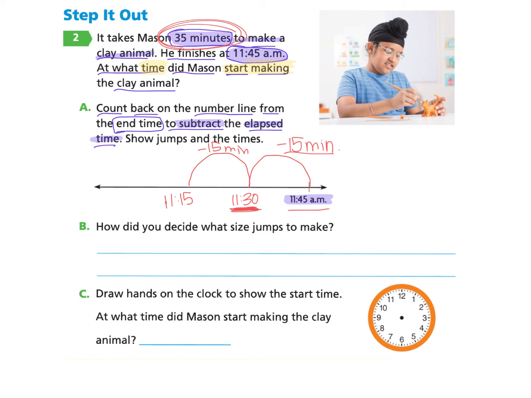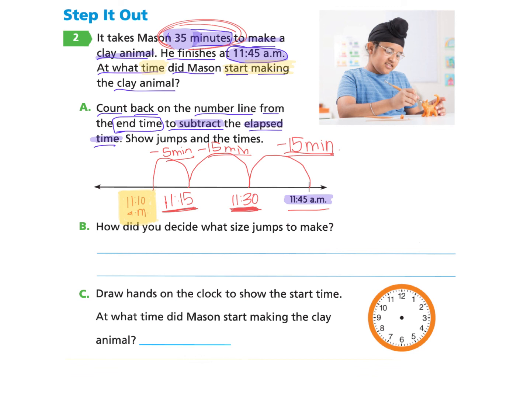And now I have 15 minutes and 15 minutes taken away, so I know I just have 5 more minutes left because 15 and 15 make 30. So I will subtract 5 minutes from 11:15, and I will arrive at 11:10 a.m. So this would be Mason's start time for making his clay animal.